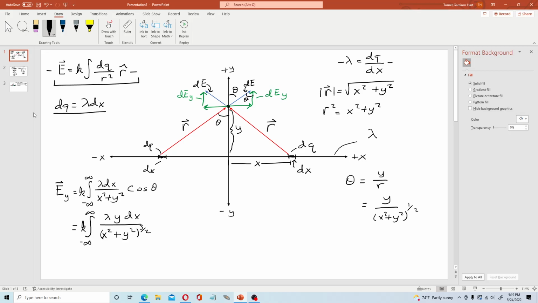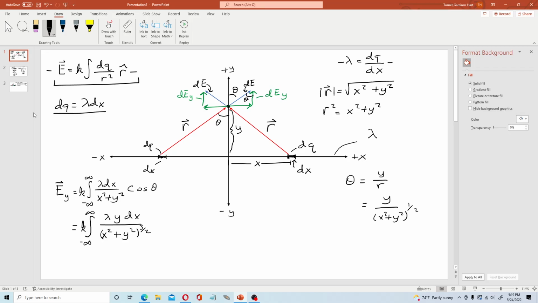Now remember that our dq is just a small representative piece of charge, right? The line carries charge uniformly distributed about it. And we want to just take a little tiny chunk.